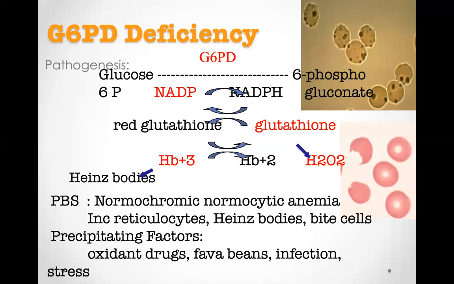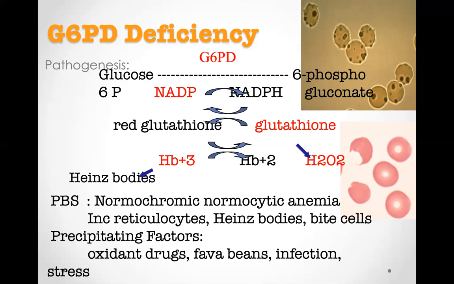In the absence of glutathione, the red cells are always subjected to reactive oxygen metabolites like hydrogen peroxide. Normally, they would not be hemolyzed, but with the absence of your antioxidant, the cells are readily susceptible to the reactive oxygen species.